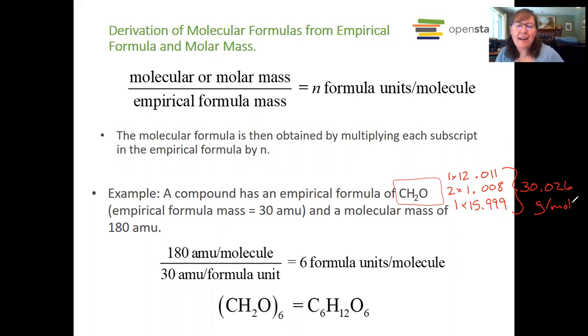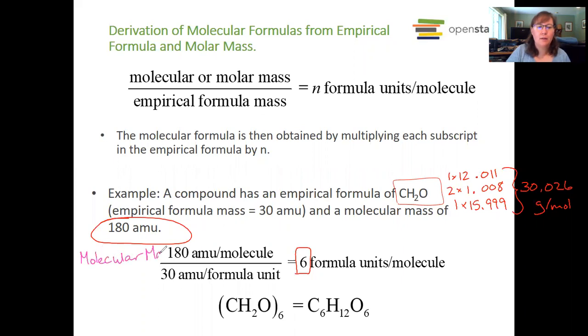Okay, now they have to tell you that your molecular mass for this substance is 180 atomic mass units. Okay, and so it really doesn't matter too much here because you're going to be rounding to simple whole numbers. But what they're showing here is it's this molecular mass divided by empirical mass.